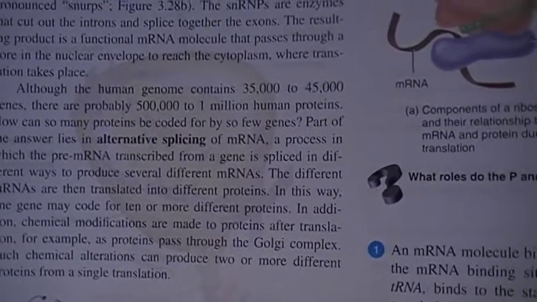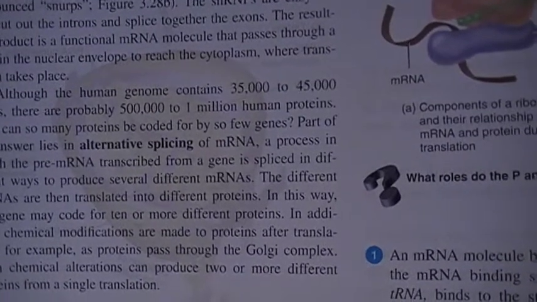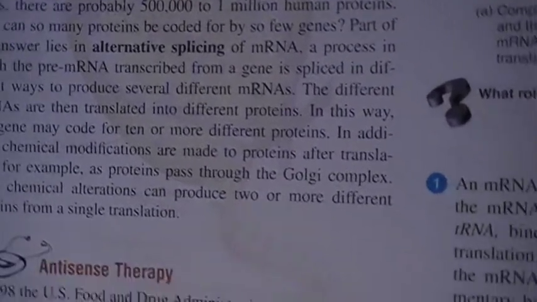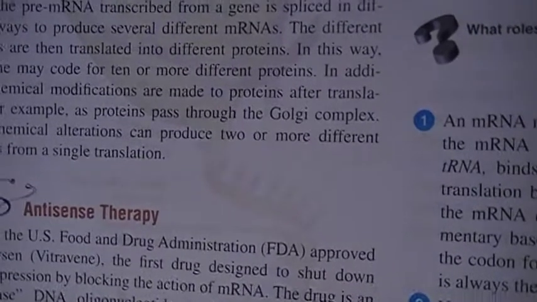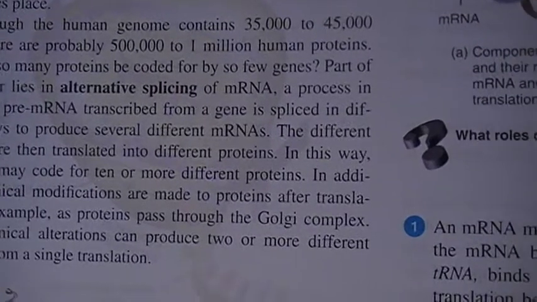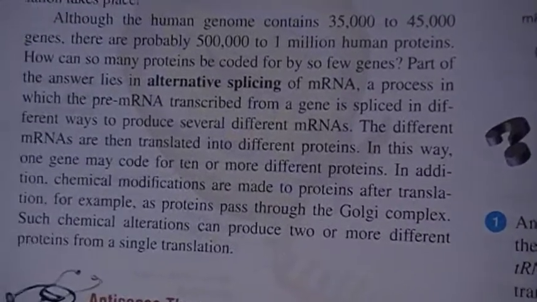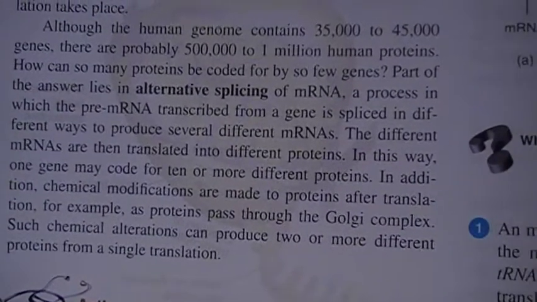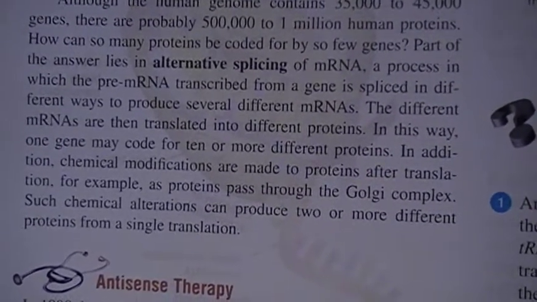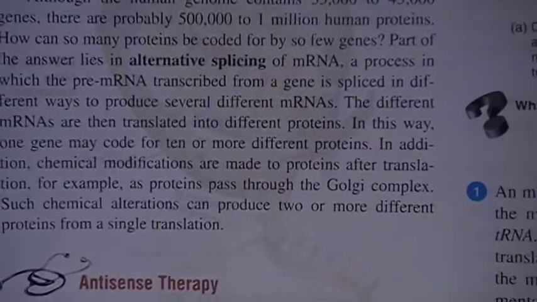The introns are removed by small ribonucleoproteins, and there's alternative splicing of RNA, which is a process where pre-mRNA transcribed from a gene is spliced in different ways to produce several different mRNAs.